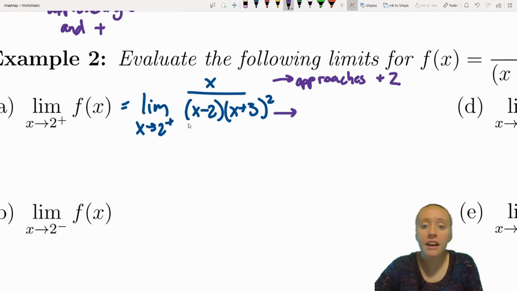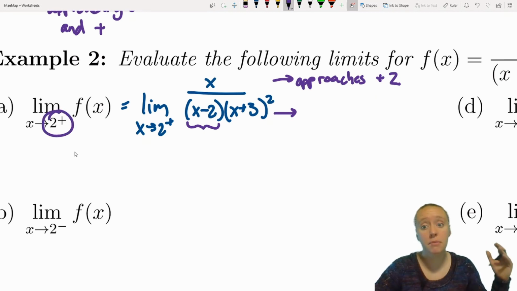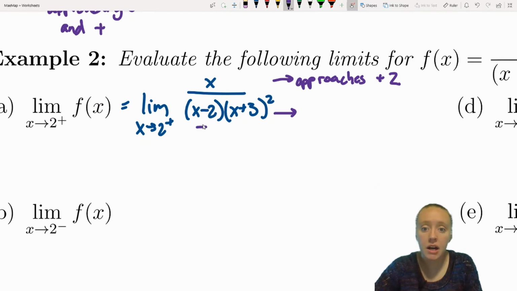Well, we know that this is approaching 0, because as we get closer and closer to 2, 2 minus 2 is going to equal 0. And because we're coming from numbers greater than 2, like 3, 4, 5, we're approaching 0 from positive numbers.